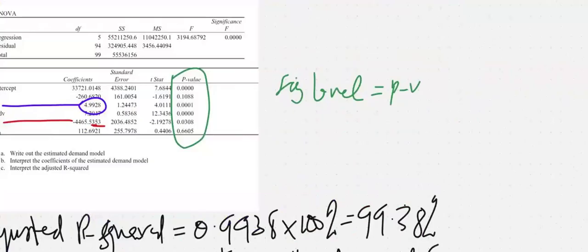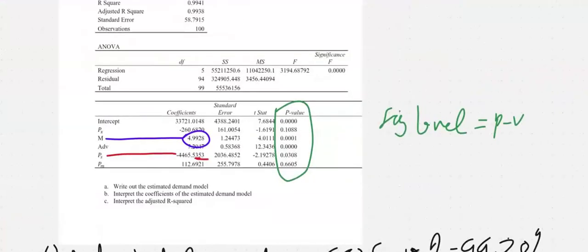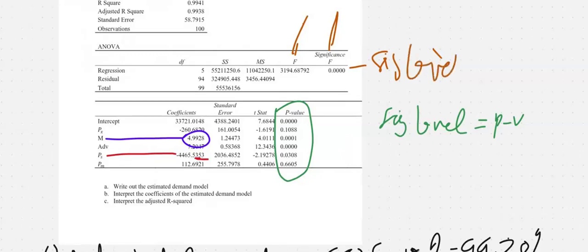To comment on the significance of the overall model, we use the F and its corresponding significance F. We are going to compare the significance F with the significance level of 0.05.